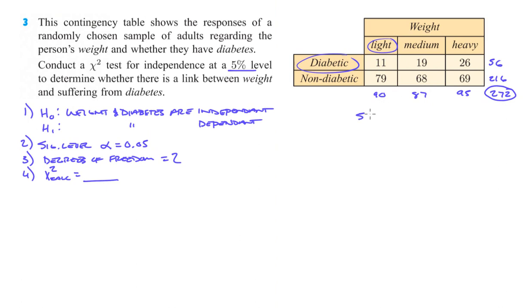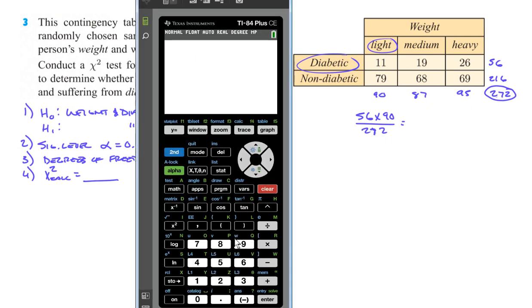So we would do 56 times 90, and we divide it by the total, which is 272. When we do that, 56 times 90 equals, divide by 272, we end up getting that this cell's expected value should be 18.53.